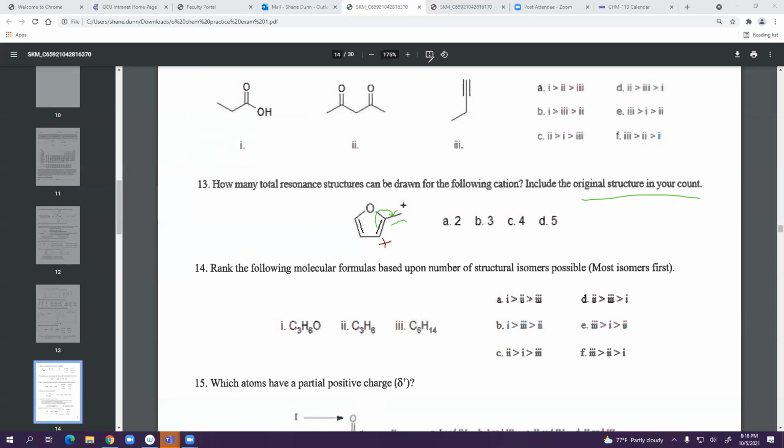Positive would become here, correct? Yeah. Do you see that? Jocelyn? You see why the positive moved there? Yeah. Okay, then I know you struggle with this concept sometimes. I'm not trying to call you out, just want to make sure you're good. Okay. Positive is there.